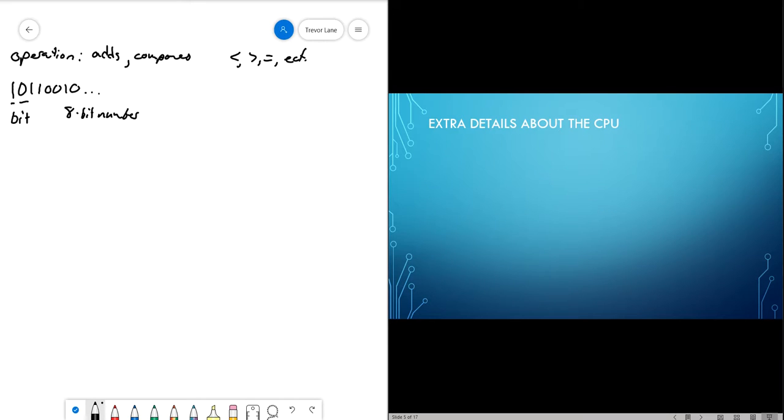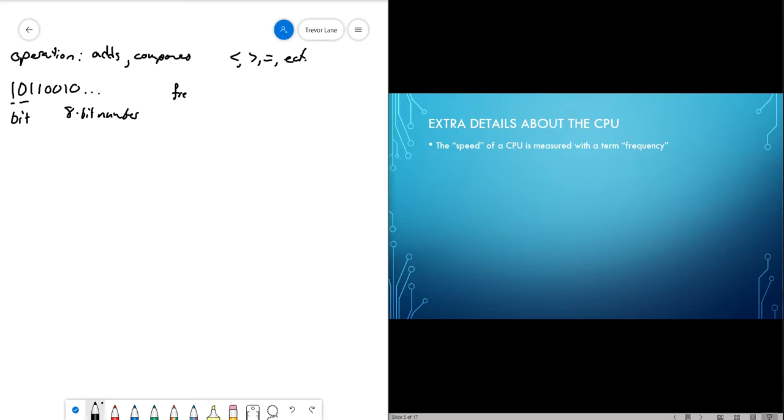Now let's talk about a few extra details about a CPU, because there's a lot going on when we think of central processing units. First of all, when somebody says, hey, how fast is your computer, or what's the speed of your computer, what they're talking about is the term frequency. So what is frequency? Jumping over here again.